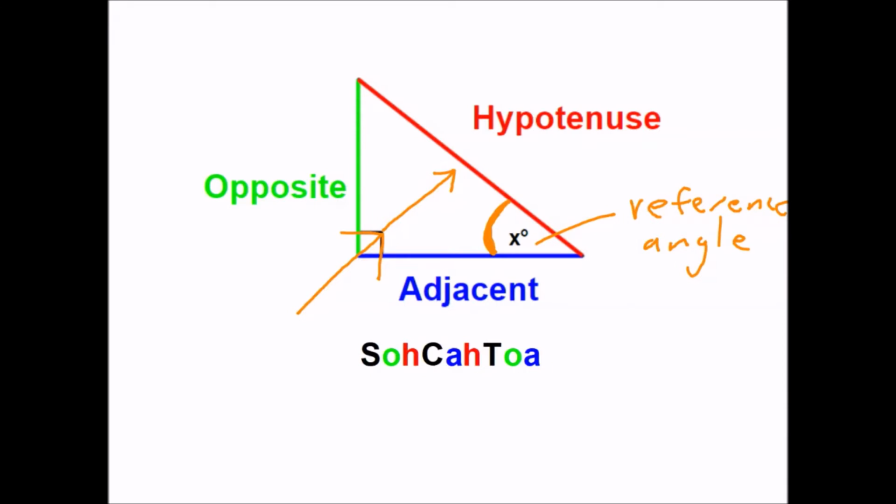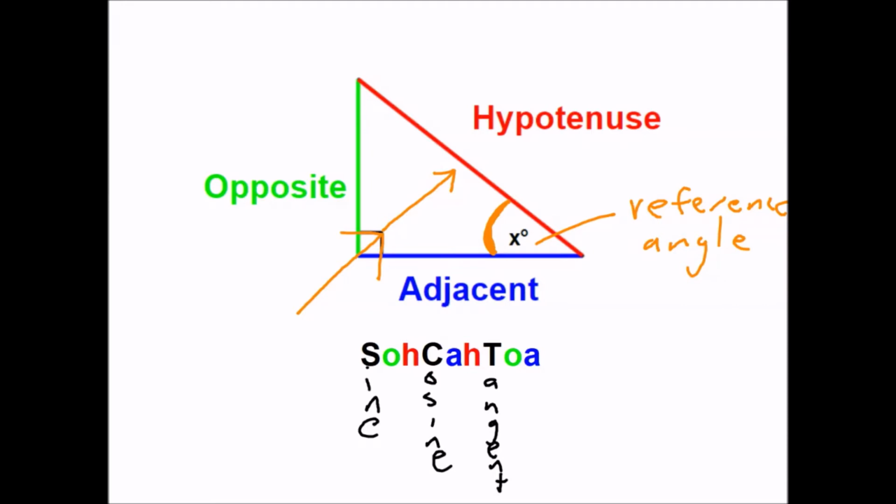So when we use SohCahToa, the S stands for sine, C stands for cosine, T stands for tangent, and then the O stands for opposite, H for hypotenuse, and A for adjacent.